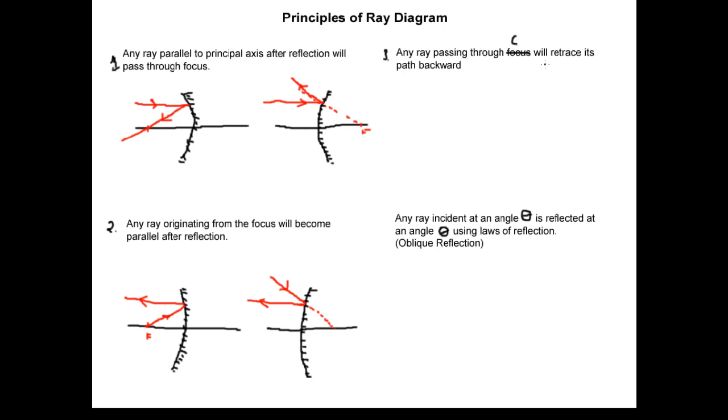This is the concave mirror, and this point is C. Any ray which passes through C will retrace its path backward. This is the point, this is the mirror, and it will retrace its path backward. Fine.